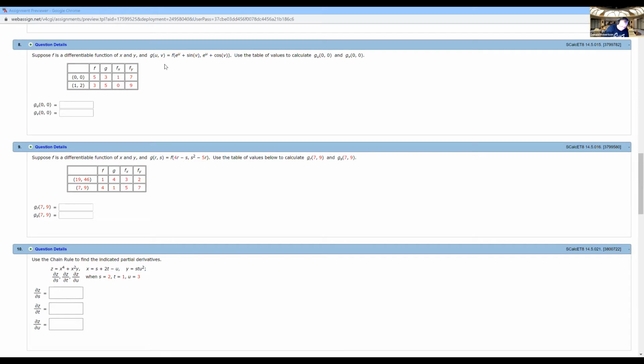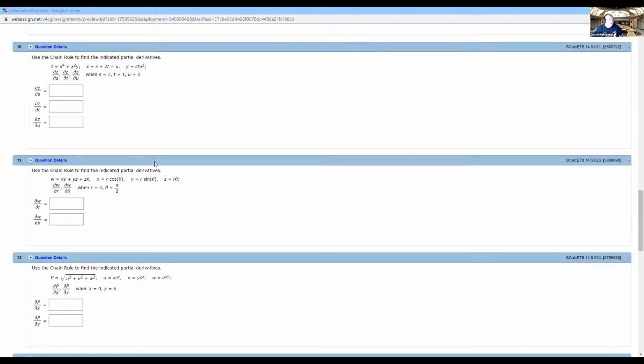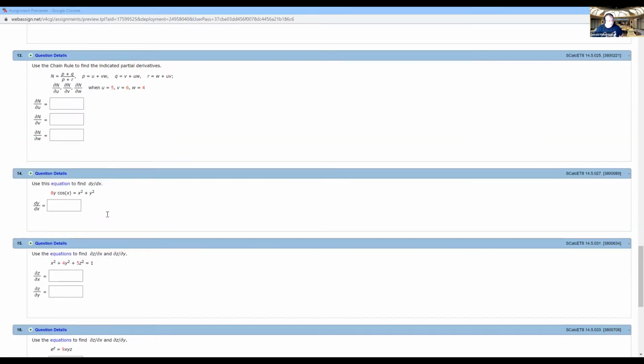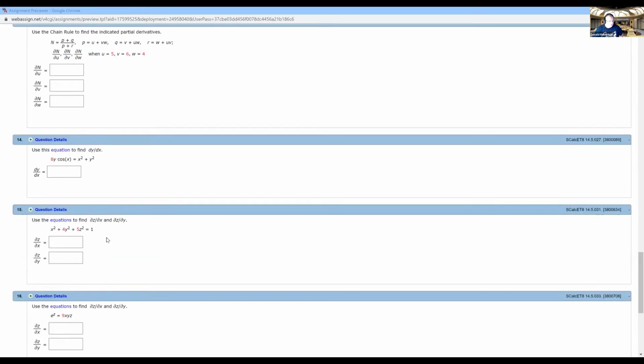And at the point 1, 2, you get 3, 5, 0, 9. I've basically just copied what you've done there. After I've done question 8, you will be able to do question 9. It's just another version of it, so you get practice. These are pretty much what we've been covering, different versions of partial derivatives.